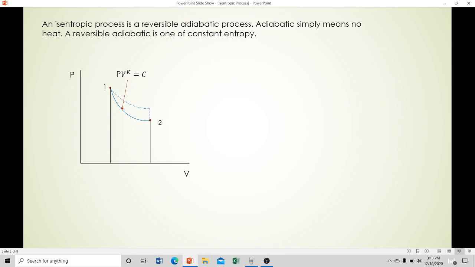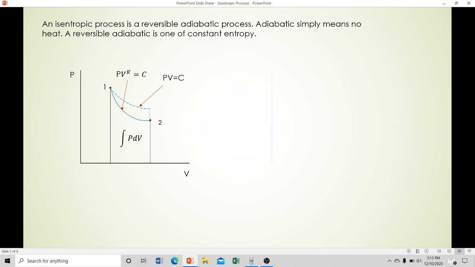For the isothermal process, PV is equal to C. The area under the curve of this isentropic process is the value of the non-flow work, which is the integration of PdV.